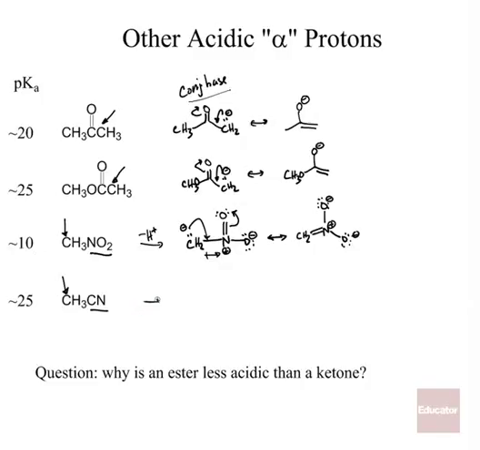How about a nitrile? Let's imagine this anion and draw out the nitrile. Nitrile, of course, has a CN triple bond. Well, again, we have an allylic negative charge, the lone pair can come in and the pi bond can move over. So we can have resonance, which puts the negative charge on nitrogen.